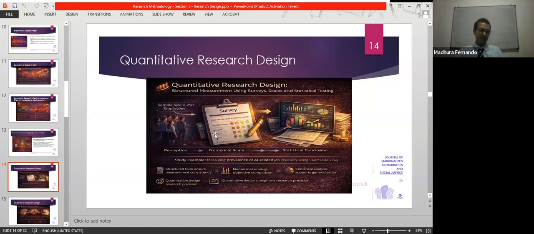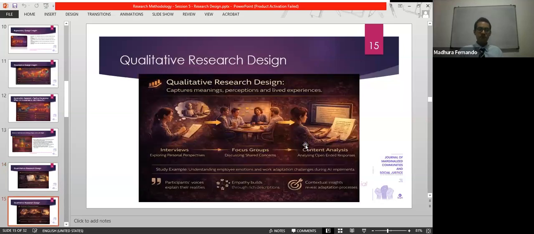I think in the later lecture sessions, the next resource persons will explain those things. Now, what I have to mention is quantitative research design deals with surveys, statistical models, regression analysis, SmartPLS, and structural equation modeling. These are the elements of quantitative research design. That is what I want to explain.